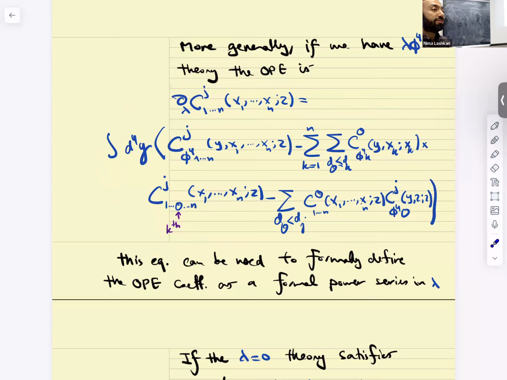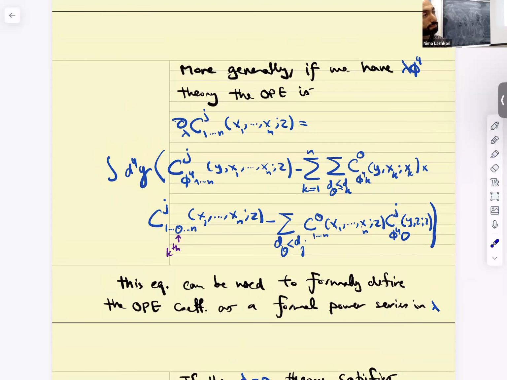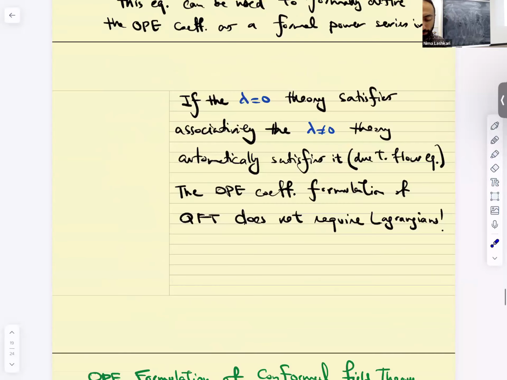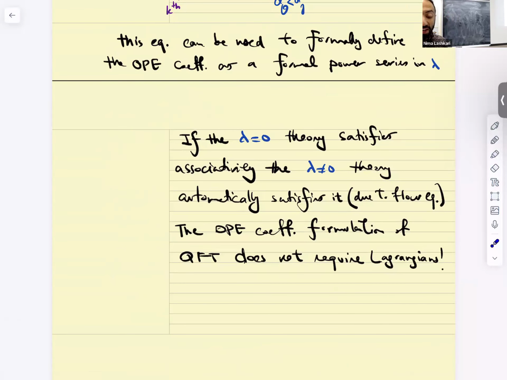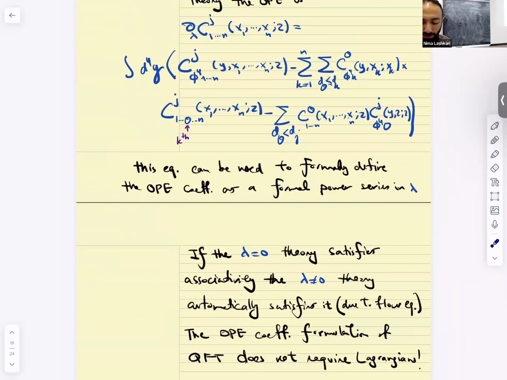All you're doing is formulating perturbative quantum field theory using the operator product expansion. This is equivalent. What is neat is that if the lambda equals 0 fixed point satisfies associativity, these relations guarantee that they will remain associative at finite lambda all along the flow. So quantum field theory will just continue to hold, all the axioms continue to hold.